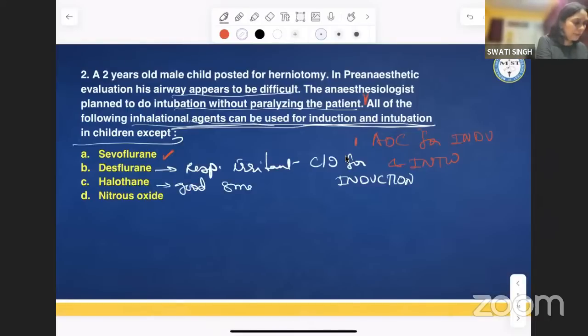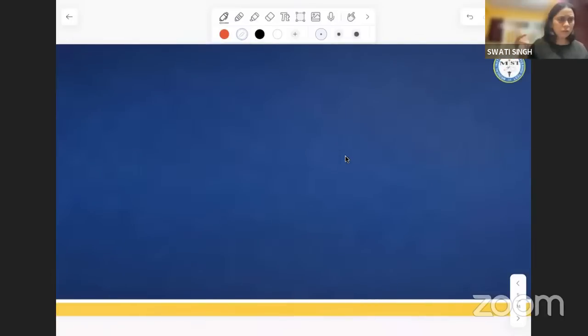So halothane can be used if sevoflurane is not in the options. Nitrous oxide, we can give along with oxygen and sevoflurane for induction. So it can also be used. So what cannot be used? Desflurane cannot be used. Got it? Yes, Wasim, because it is an irritant.